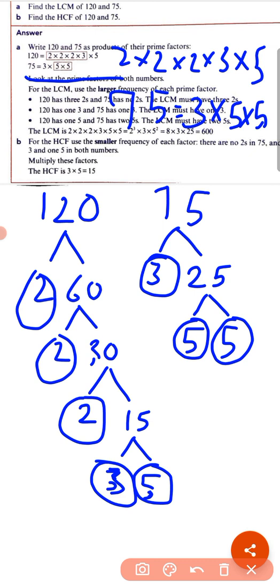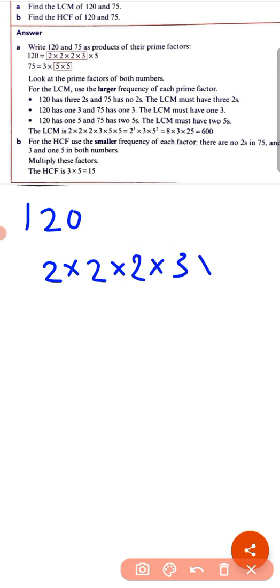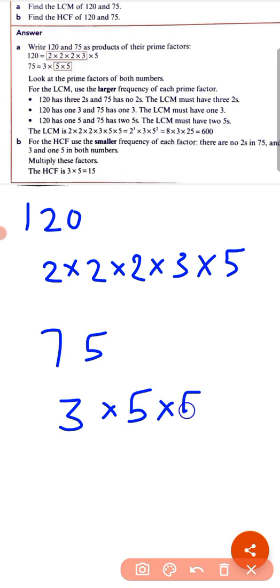Children, here we are finding the LCM of 120 and 75 first. So 120 is equal to 2 into 2 into 2 into 3 into 5, and 75 is equal to 3 into 5 into 5.